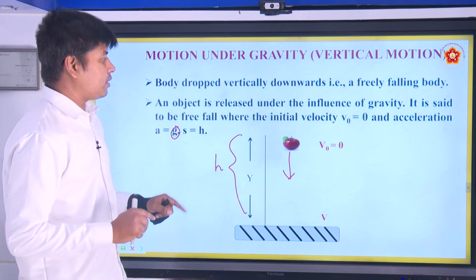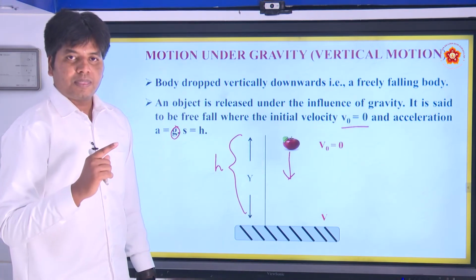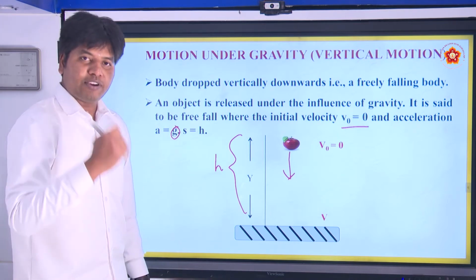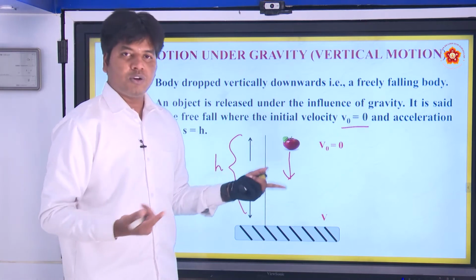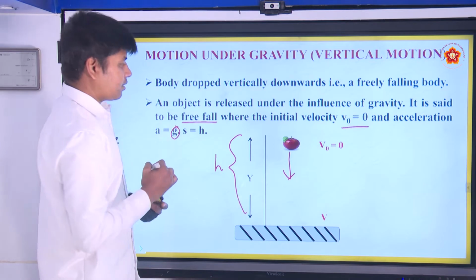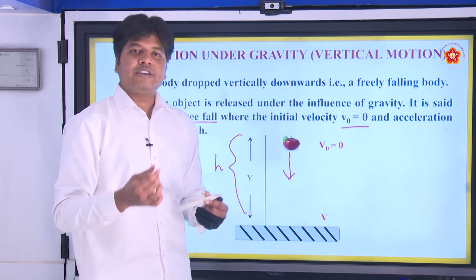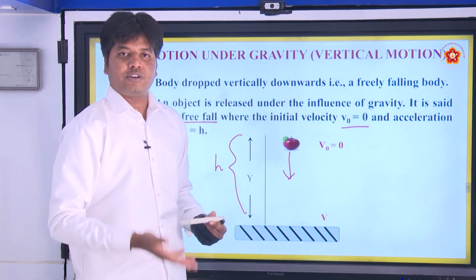So what do we need to put? Initial velocity is 0. To throw the ball down, should we impose any velocity? Should we give any velocity to the body? No, right? Need not. That's why we call it free fall. Free fall means we need not give any initial velocity. You just drop anything, it accelerates and it goes down.